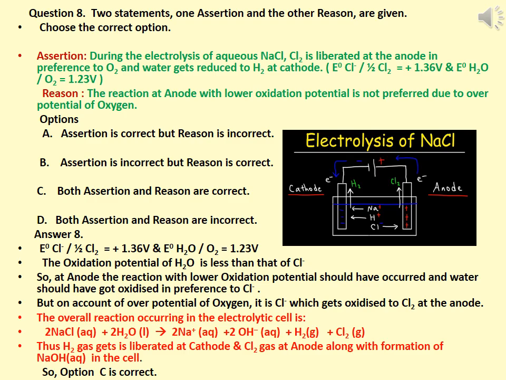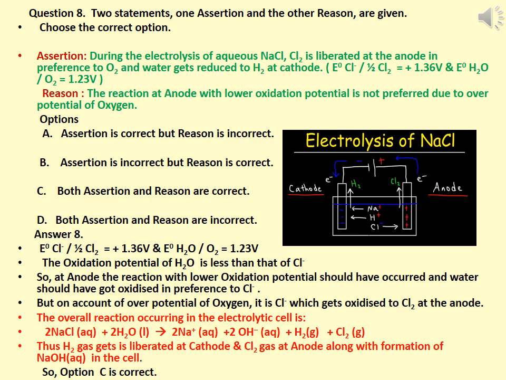So that reaction should be taking place at the anode. The oxidation potential of water is less than that of Cl minus. So at anode we expect not Cl2 gas but oxygen gas to be liberated. At anode, the reaction with lower oxidation potential should have occurred and water should have got oxidized to what?